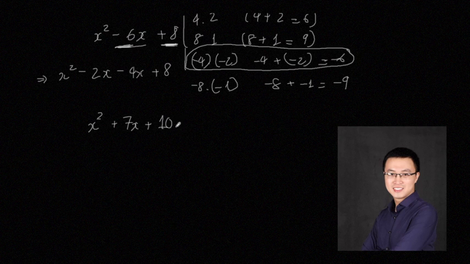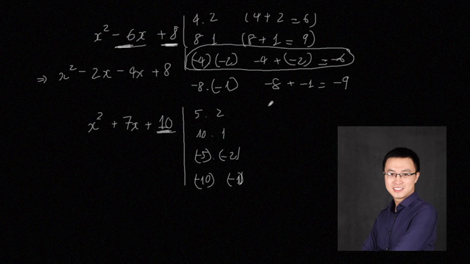I have 10 as a constant number, so I will separate 10 into 5 times 2, or 10 times 1, or minus 5 times minus 2. Minus times minus equals positive, or another one is minus 8 times minus 1. Here are the 4 options that multiply together to equal 10.